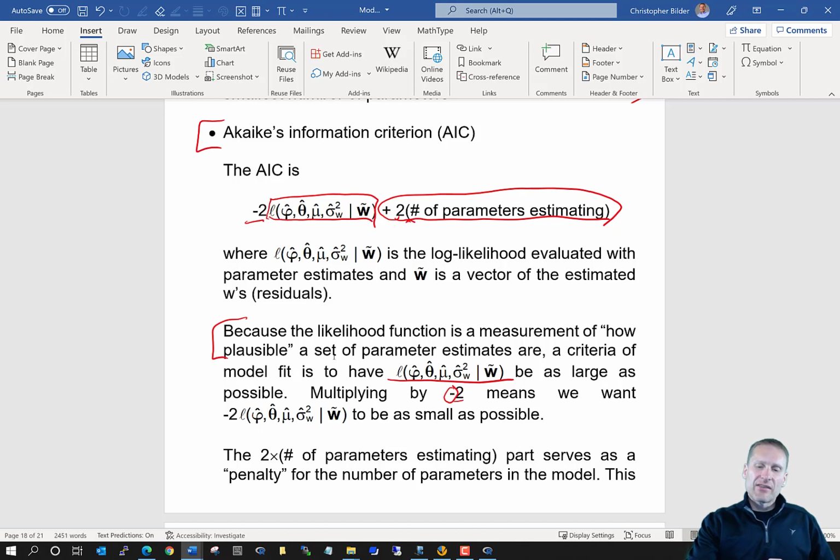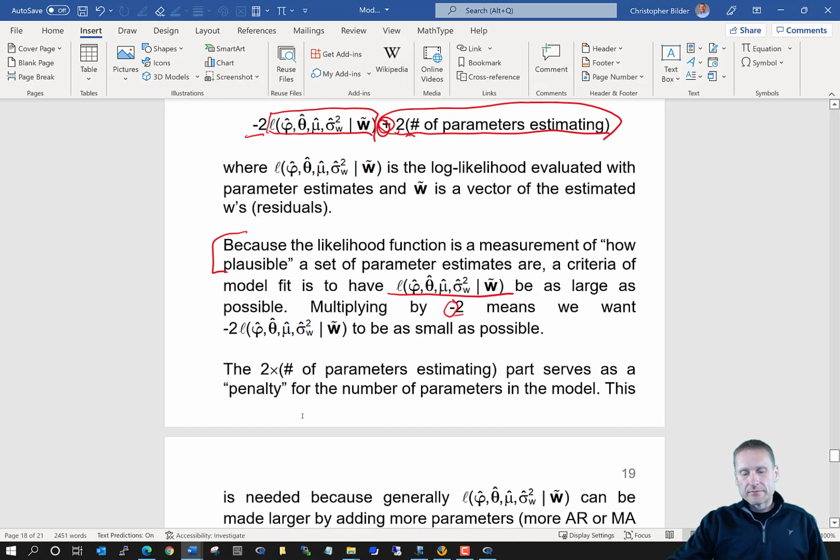Because now, since I'm adding to it, it's going to increase the -2 log likelihood and thus increase the overall AIC. So that in the end, the best model leads to the largest log likelihood function, but is still as small as possible. And that corresponds to the model that has the smallest AIC.